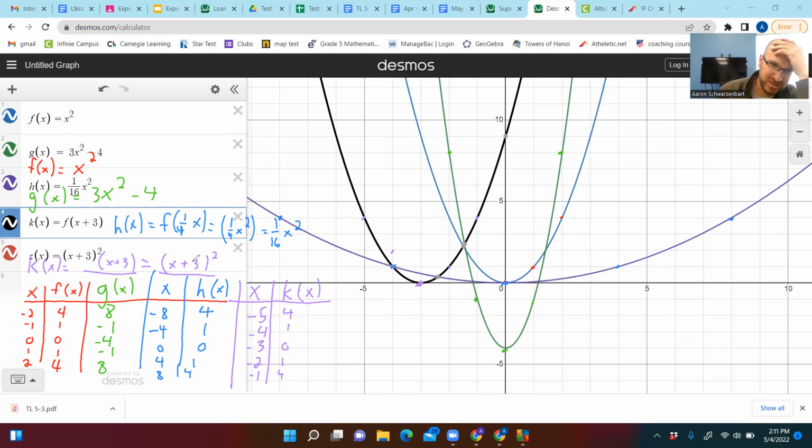Translate the x coordinate if we're only here, or divide by this, or multiply by its reciprocal on the x coordinate. Leave the y coordinate alone. Okay, that is vertical and horizontal stretches and compressions. Compressions would be fractions here, number is greater than 1 inside.